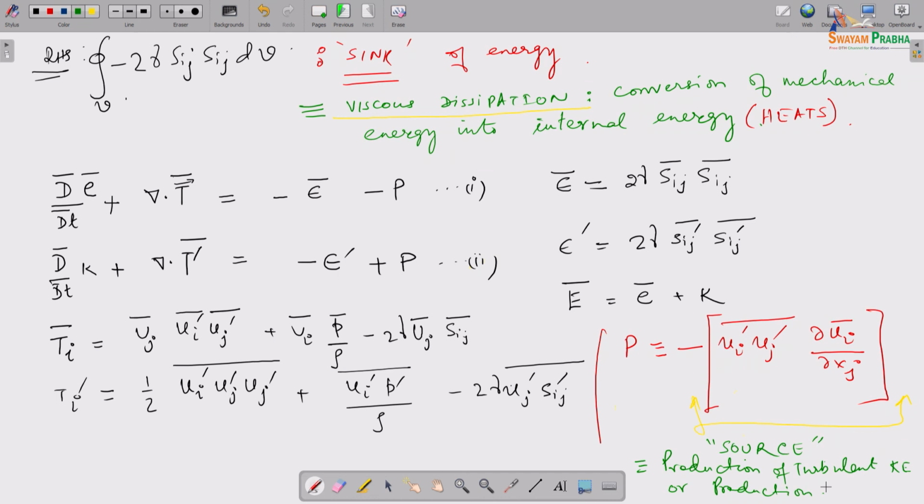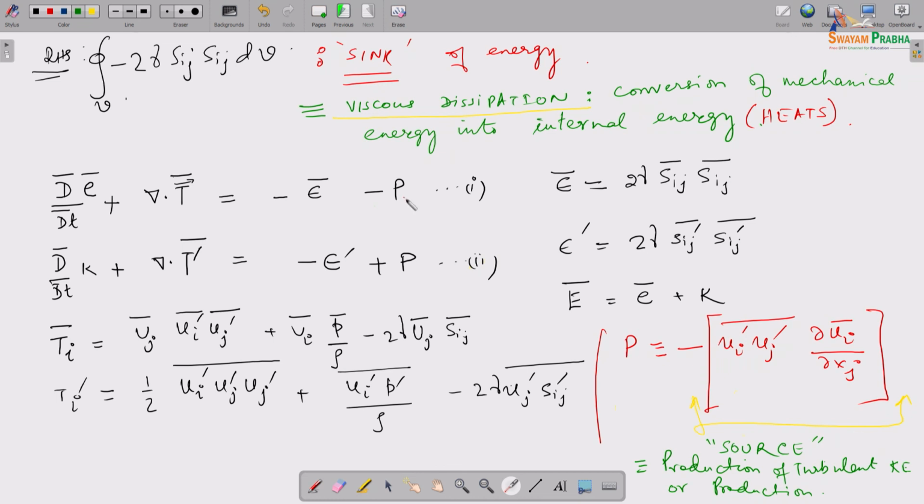So I could look at this how? If I look at the first equation here, this P is actually taking away energy from the mean flow, and it is adding to the turbulent flow.